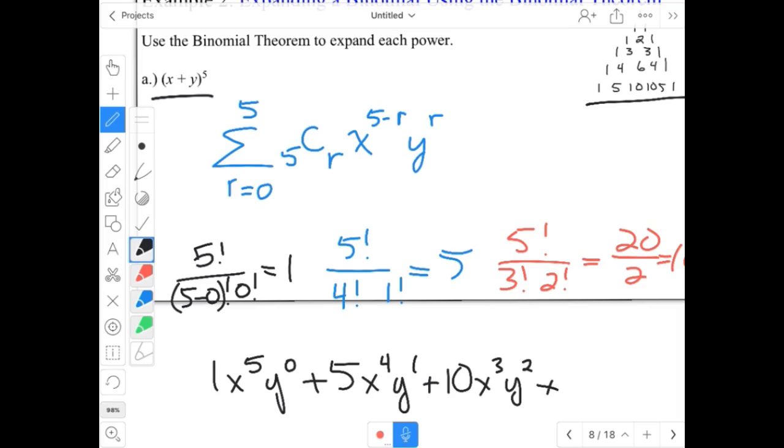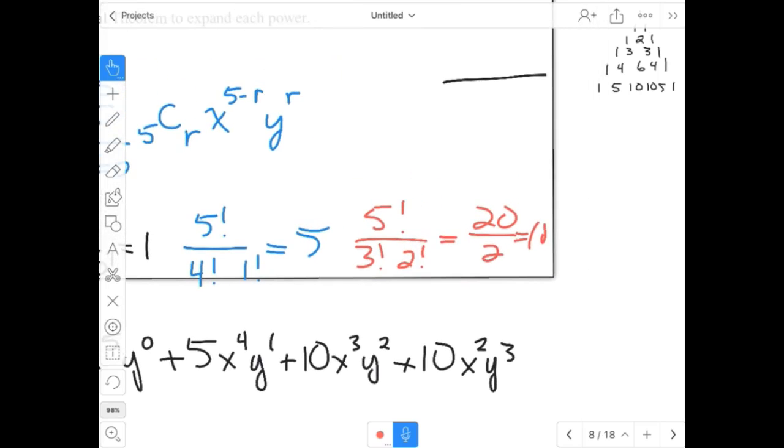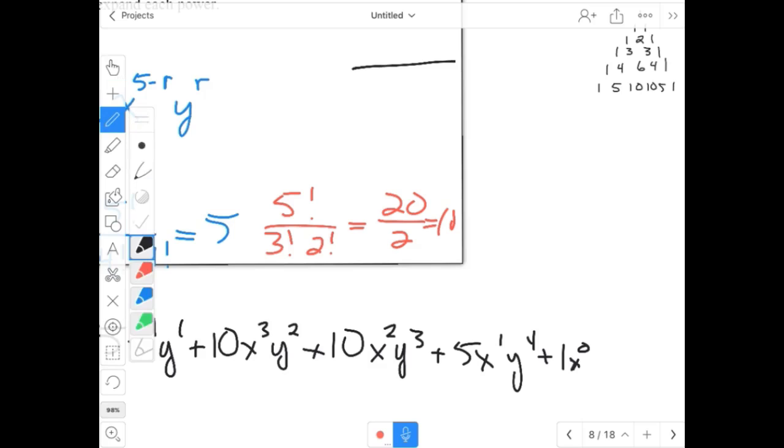And then it's going to cycle through the rest of it. So plus 10 x squared y to the third. We're just using patterns here. Plus 5 x to the first, y to the fourth, and then plus 1 x to the 0, y to the fifth.